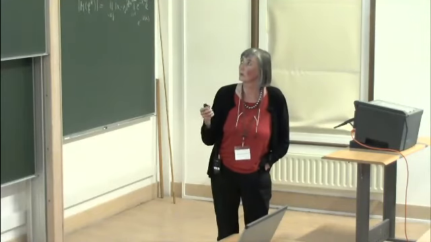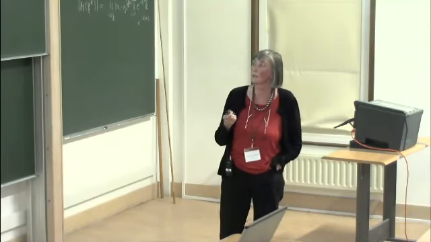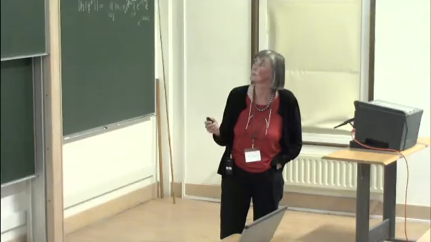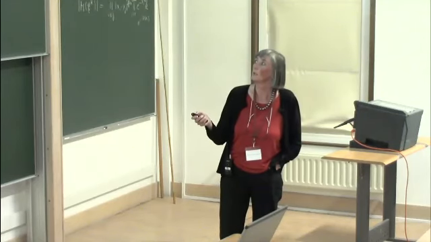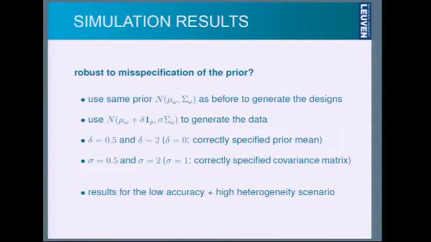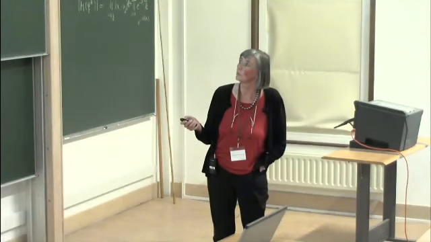So we looked at how robust this procedure was to misspecification. So we used the same prior to generate the designs, but then we generated the data from different distributions. So we had an under-specification of the mean.